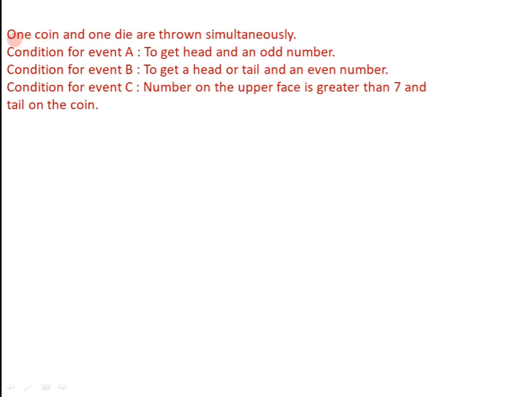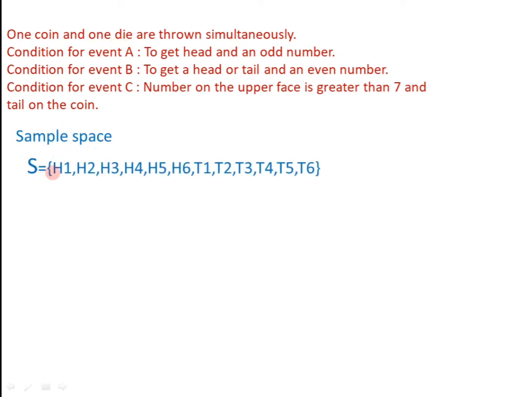Now the random experiment is one coin and one die are thrown simultaneously. So if we toss a coin, we can get either head or tail, and if we throw a die, we get any number from 1 to 6 on the upper face. So for this random experiment, we have the sample space as H1, H2, H3, H4, H5, H6 as head on the coin and the number on the upper face of the die.